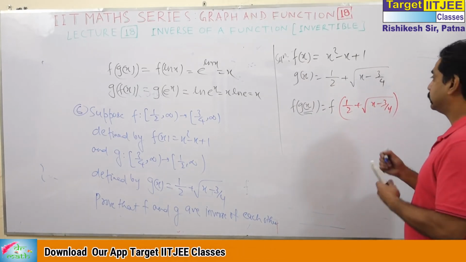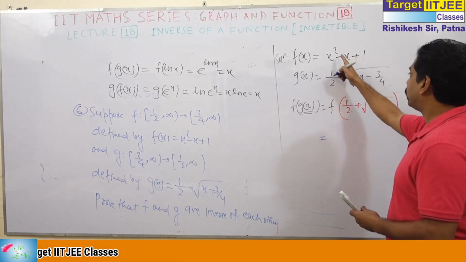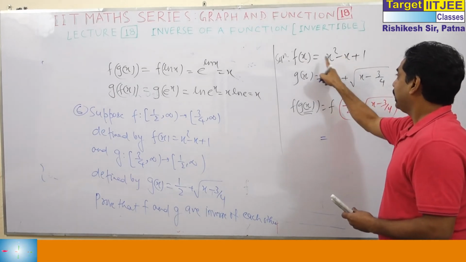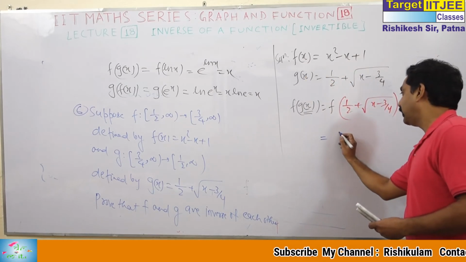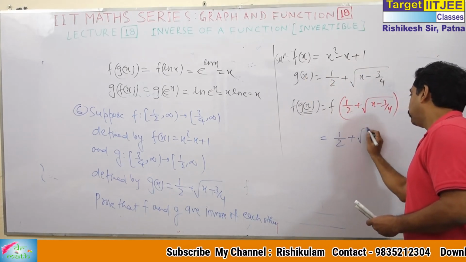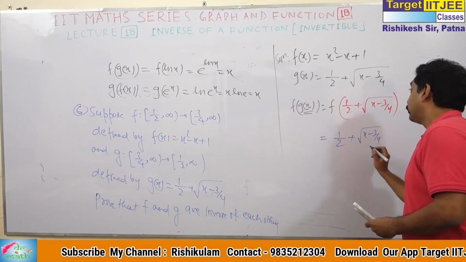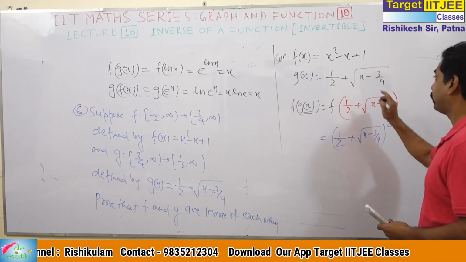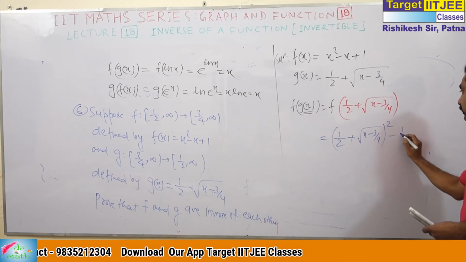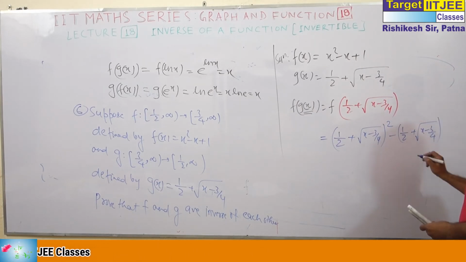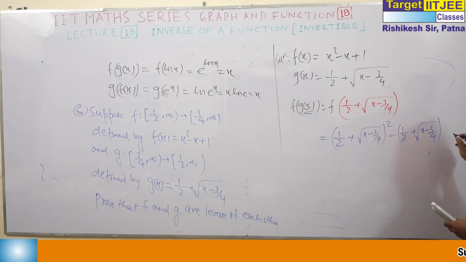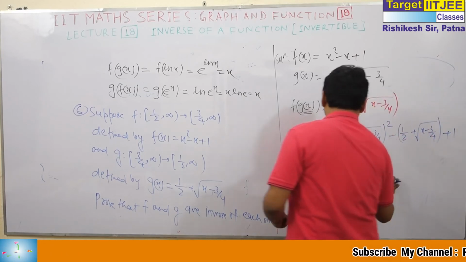So, what we do? We will go for this. If x square minus x, instead of x we have now this. So, what will I do? 1 by 2 plus root over x minus 3 by 4 whole square, minus 1 by 2 plus root over x minus 3 by 4, plus 1. Now, simplify.